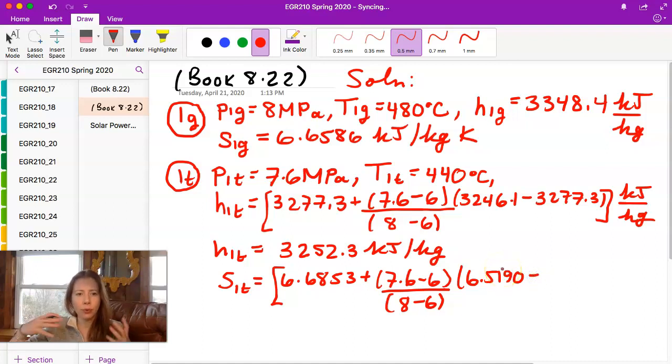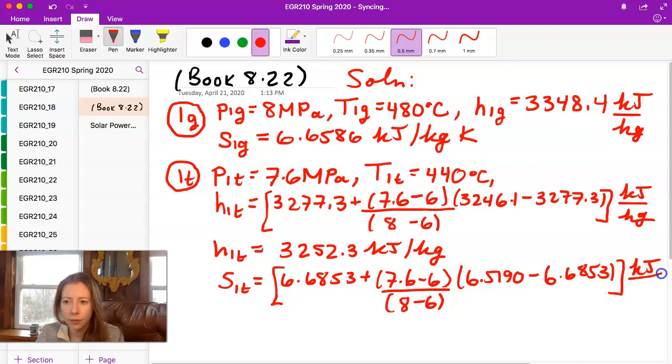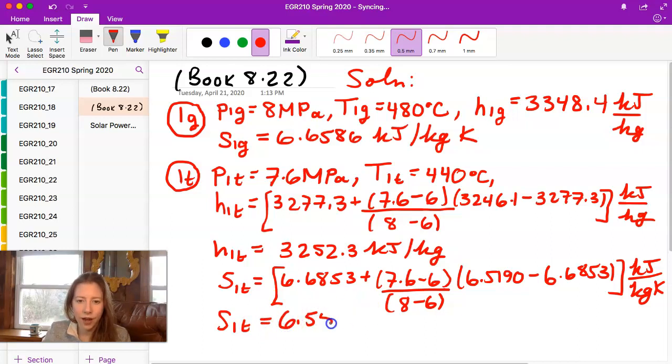If there's more pressure at the same temperature, then there's going to be fewer configurations, so less disorder, slightly lower entropy. And we're going to subtract off 6.6853, and we're in kilojoules per kilogram Kelvin. And so for entropy, we end up with 6.5526 kilojoules per kilogram Kelvin. Okay, done with state 1.